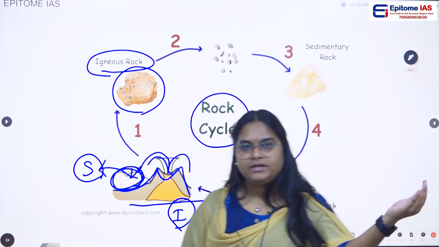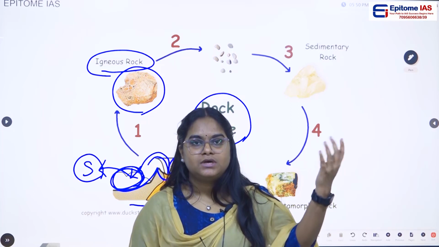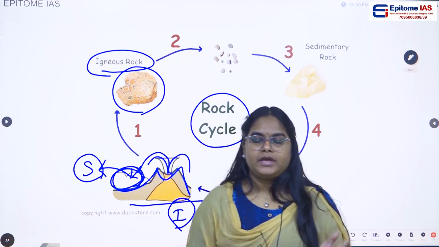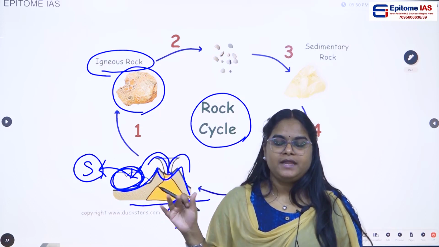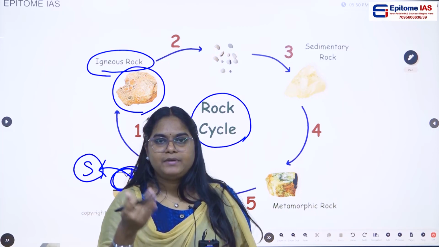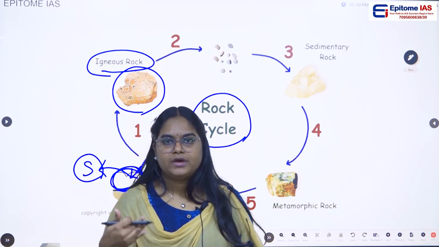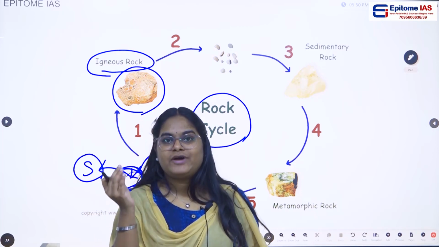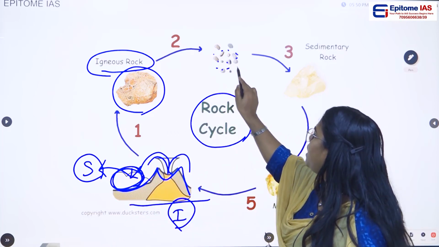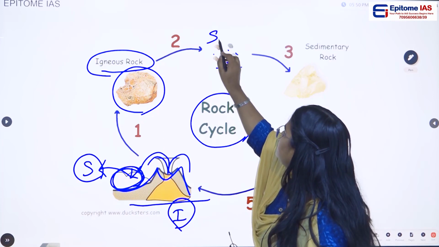What is weathering? When agents like water and wind come and erode this particular rock, then for thousands of years it will slowly erode and become fine particles. These particles are called sediments.